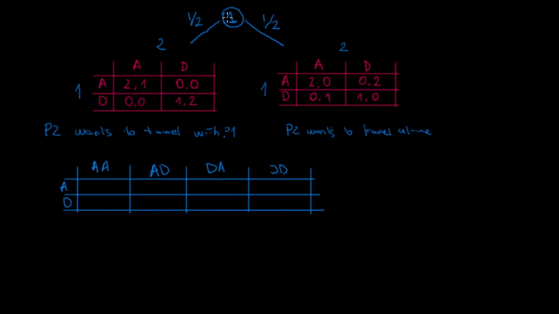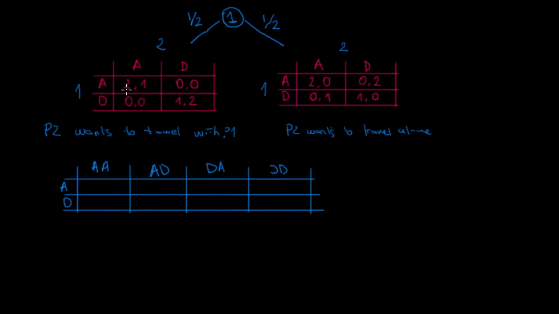For player 1, with probability 1/2 we are here, and here A and A. Player 1 always A, and player 2 AA. So we are in this cell. Here we are computing the best responses for player 1.